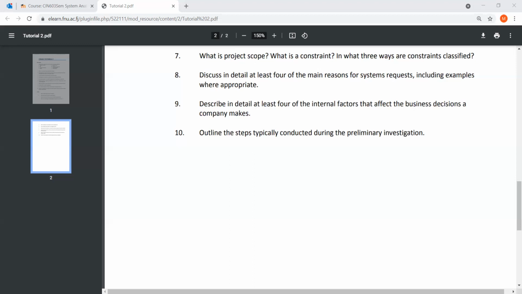Next point is IT department, or information technology department, dash.